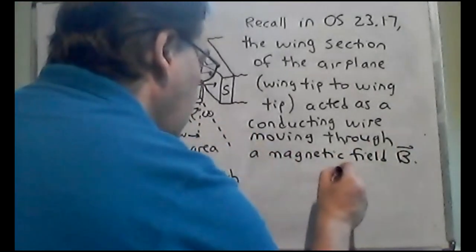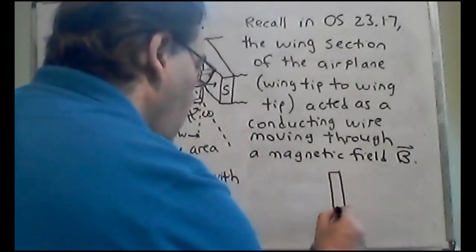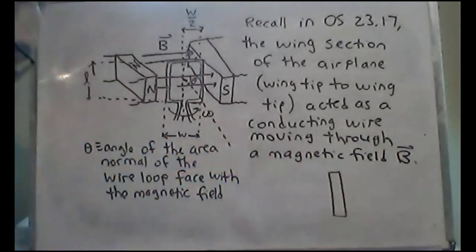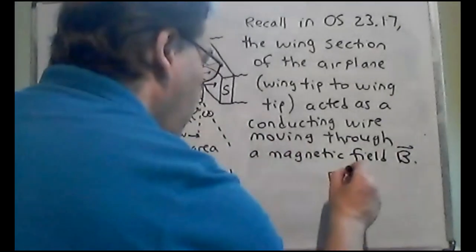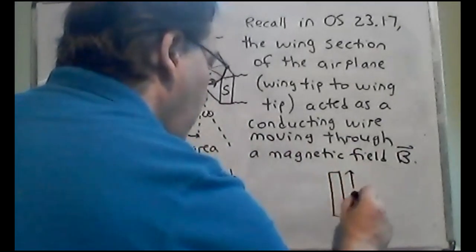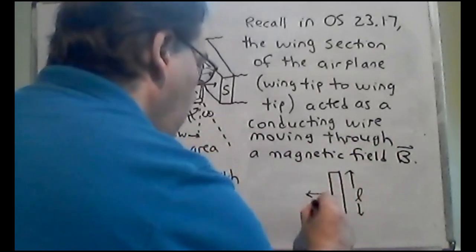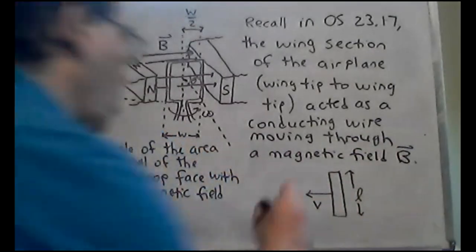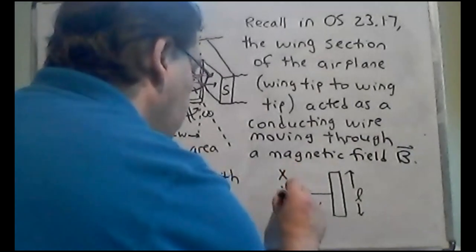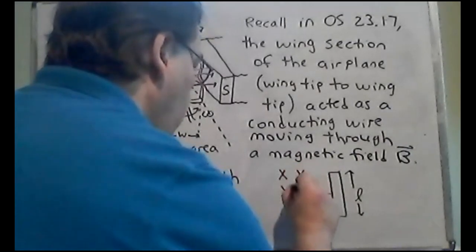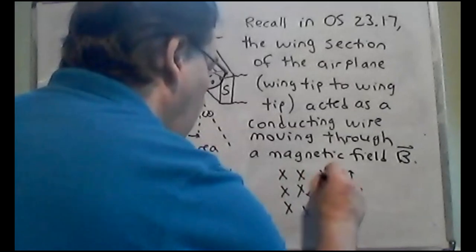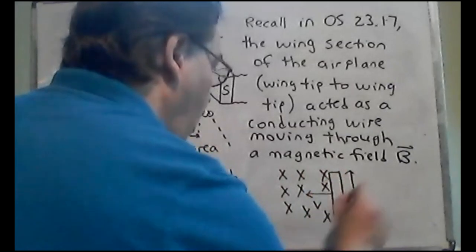So I'm just going to draw a simplified diagram here. So I have this object. It has a length L. It is moving at a velocity V. And it's going through some sort of a magnetic field. I'm going to draw like the tail feathers here of this magnetic field that's going basically into the board.